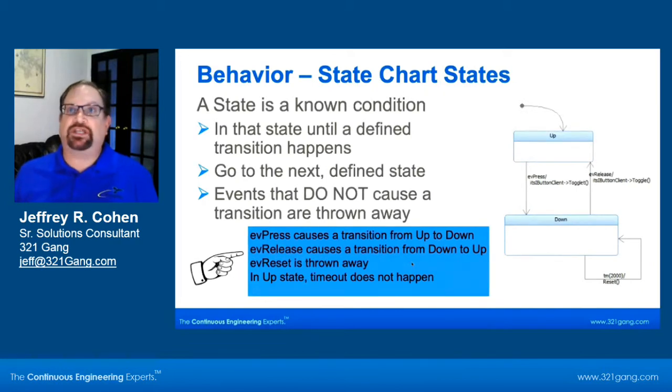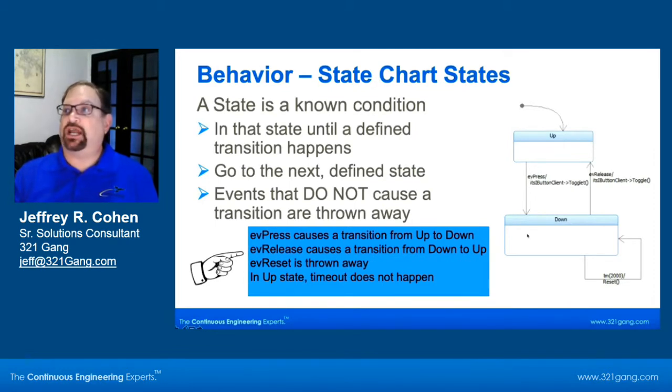So the behavior of a state chart is very simple. I'm going to start down in this blue box. I'm going to start in the up state. The only way that I'm going to transition is if I get this EV press. If I get an EV release, I just stay in the up state.